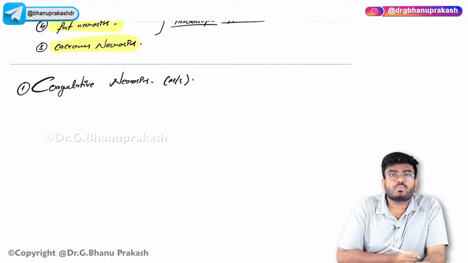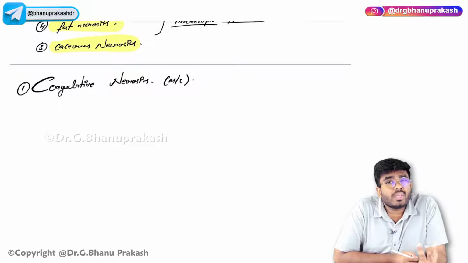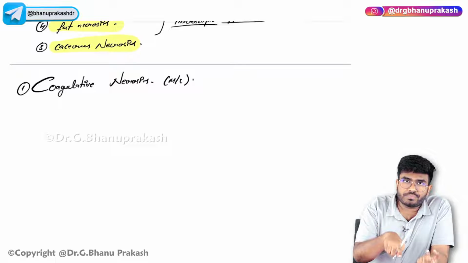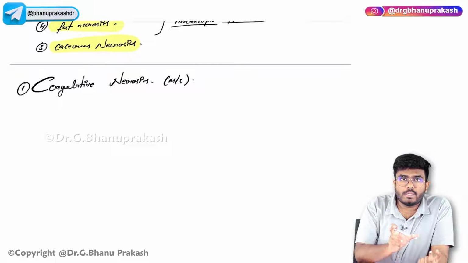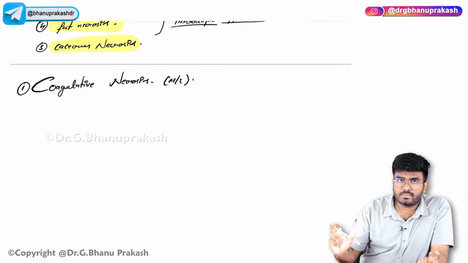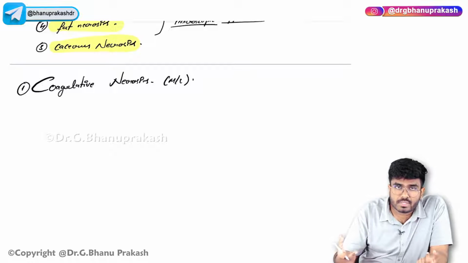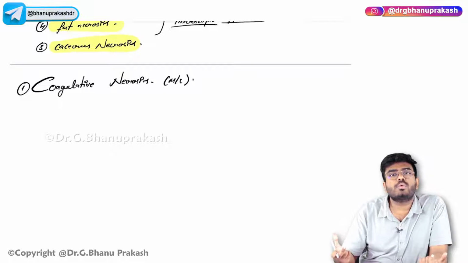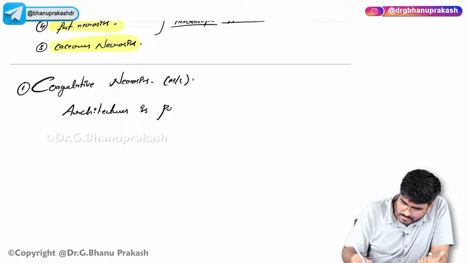If a tissue is undergoing coagulative necrosis, after the death of the tissue, you can appreciate the morphology, you can see the architecture better, even after the death. So, the architecture is preserved.